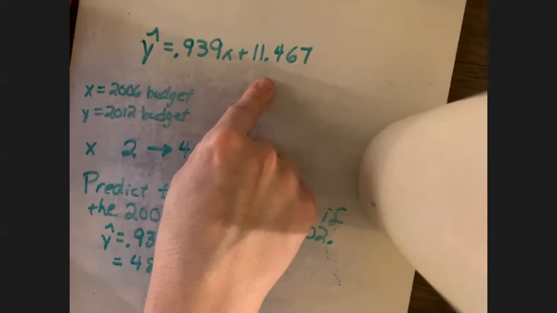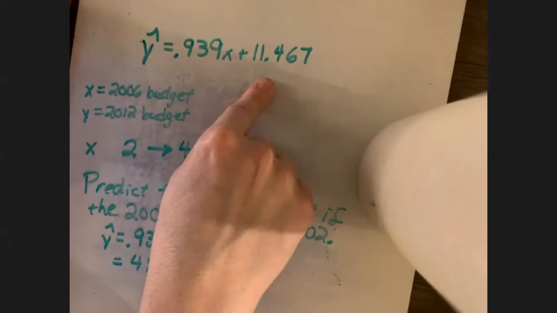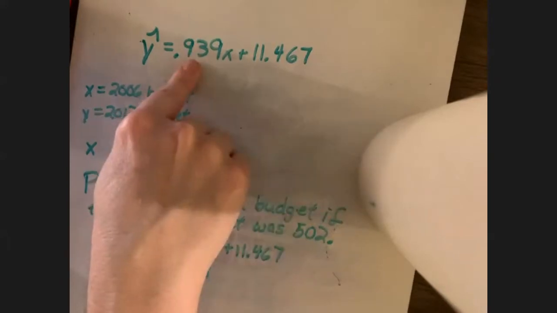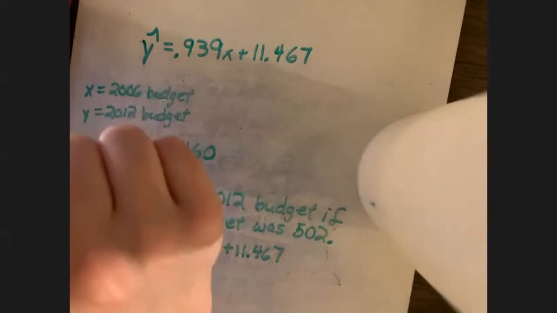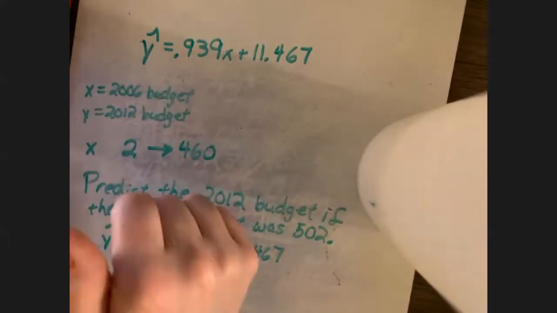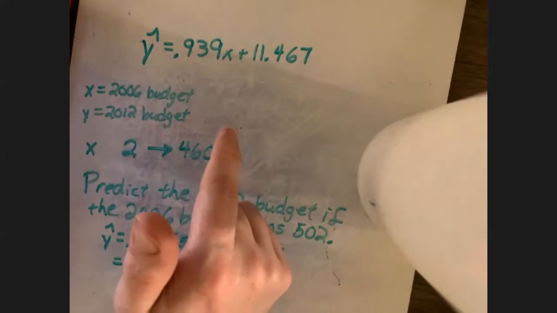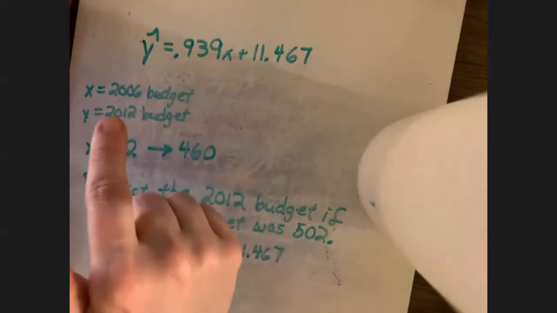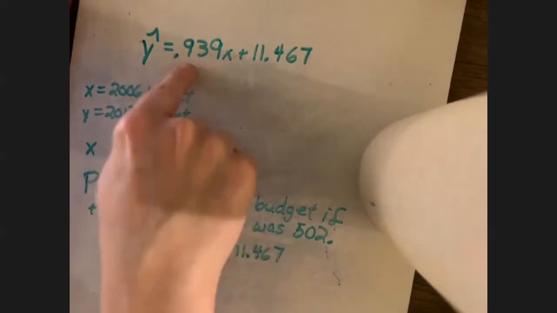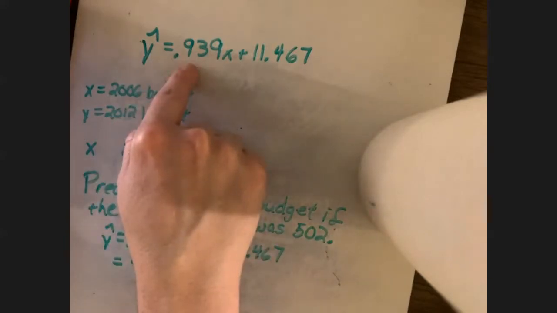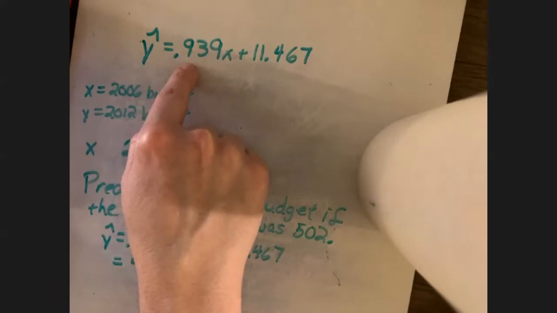The other is they ask you to interpret this, okay? The way you interpret this is you say for every 1 increase in X, so in this case, for every $1 million increase in the budget in 2006, so I went from 2 million to 3 million, or 5 million to 6 million, this is the amount of change in the 2012 budget.